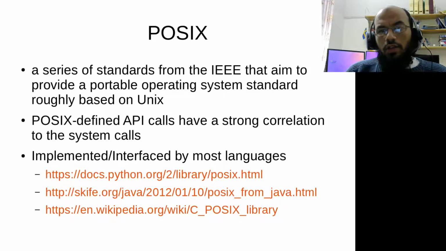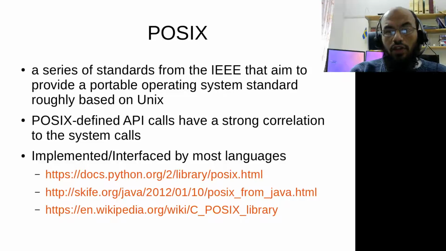And you typically see that the POSIX defined APIs have a very strong correlation with what the system calls that are actually implemented in Linux are. And it's almost universally implemented for almost every single programming language you can think of.